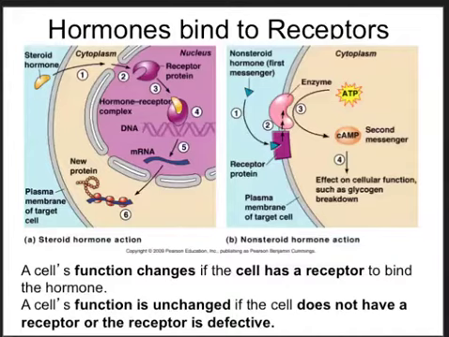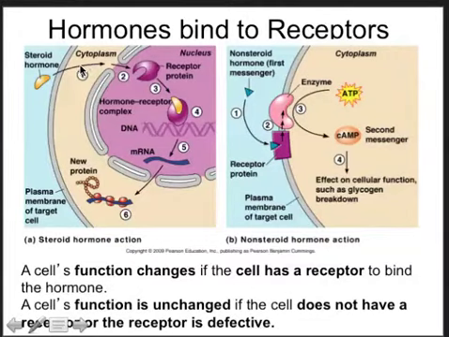And so you can see here an example of a couple of different ways that hormones act on their targets. In the case of hormones that are lipid soluble, basically what we would think of as nonpolar or greasy molecules, they slide through the plasma membrane, and their receptors are actually within the cell.